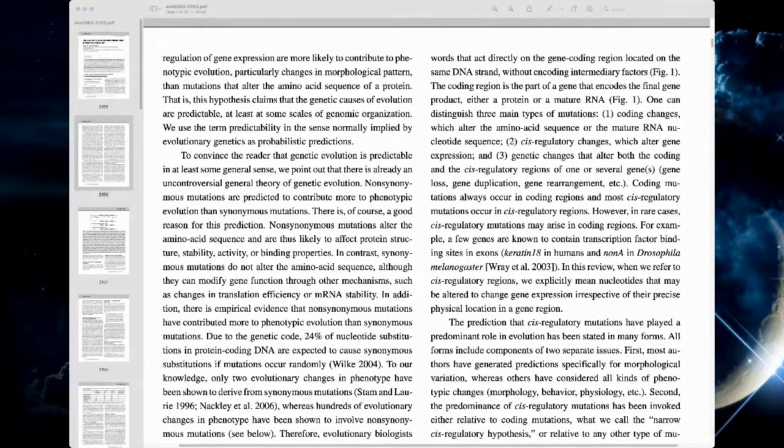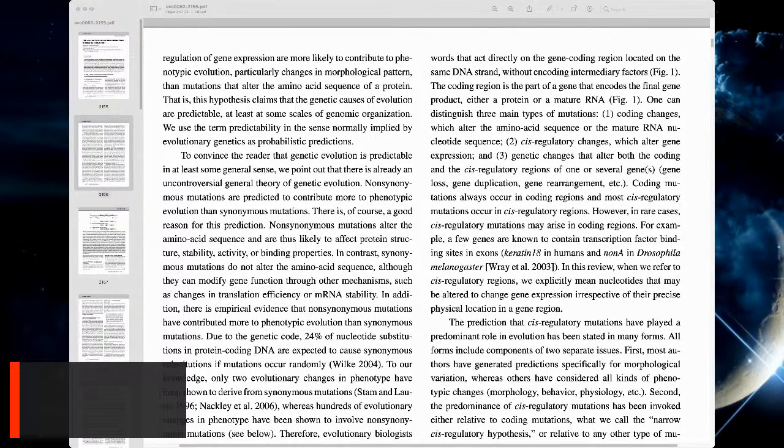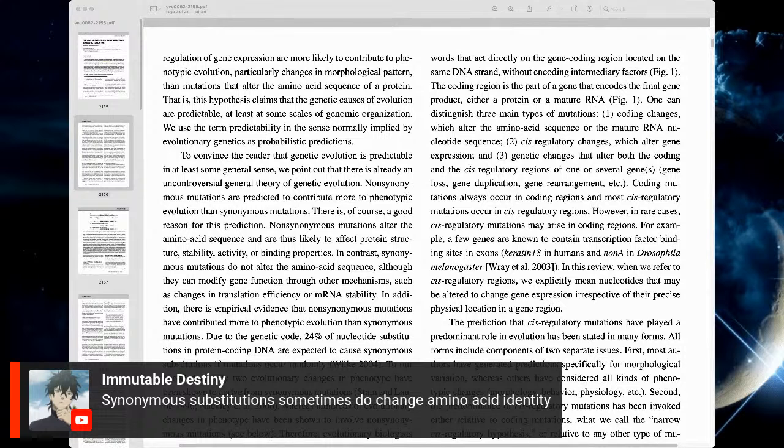Right. Yeah, that's a good point. Basically, a regulatory change doesn't have to switch it on or switch it off. It's a gradient of change.